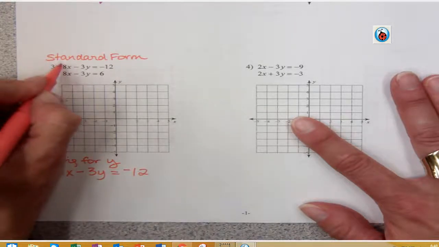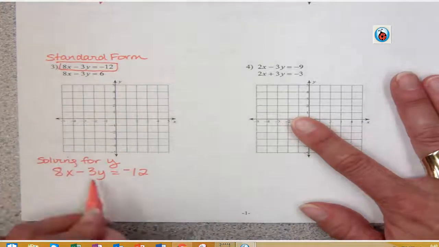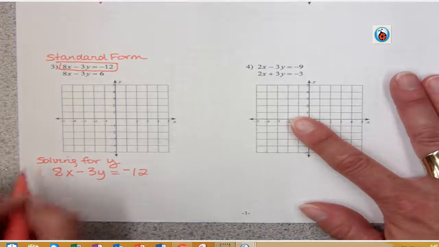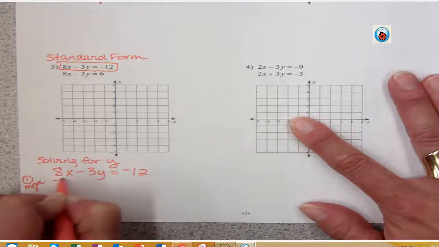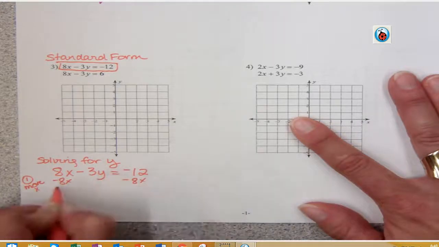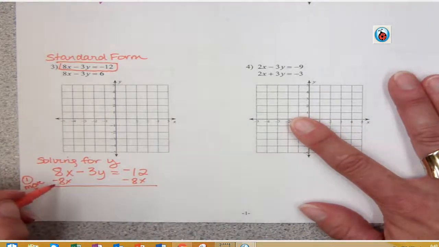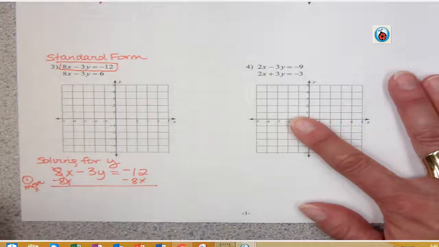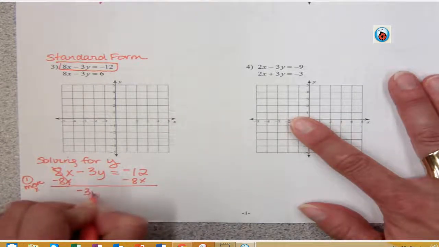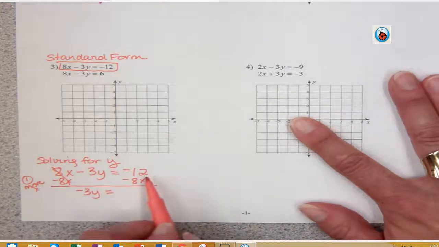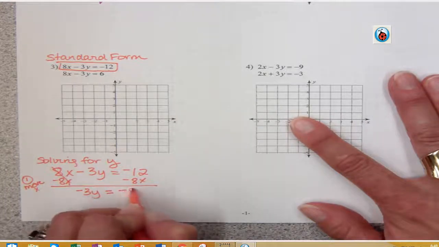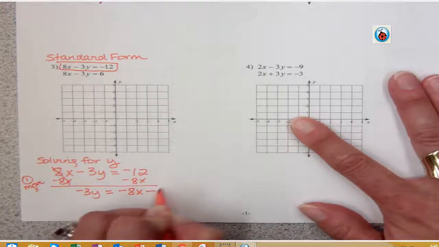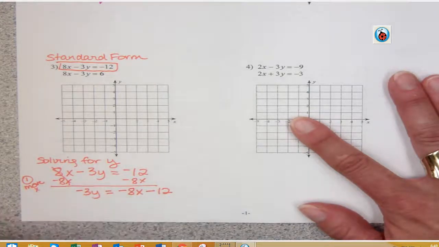To solve for y, the first thing we're going to do is move your x. So subtract 8x from both sides. 8x minus 8x is 0, so those cancel each other out. I'm left with -3y equals -8x minus 12. These are not like terms, so I cannot combine them; they just come side by side.